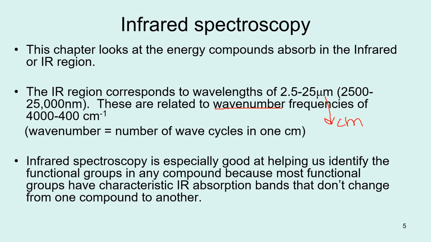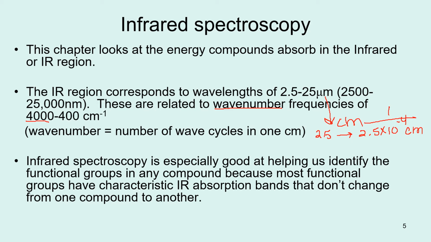So let's say 2.5 micrometers converts to 2.5 times 10 to the minus 4th centimeters. And then if you take 1 divided by that, you'll get 4,000 inverse centimeters, or 4,000. Another way we say that is 4,000 wave numbers.